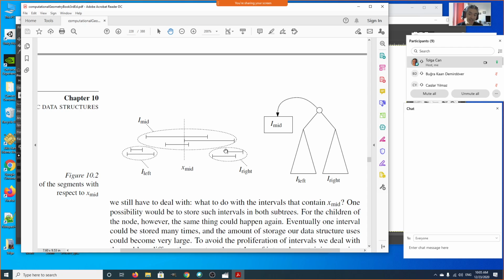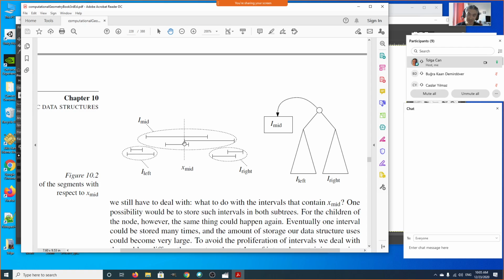If the left endpoint of a segment is strictly greater than x mid, it's going to be a member of the I right set. So totally left and totally right segments are separated like this, and there will be segments which contain x mid either in their interior or at one of their endpoints.